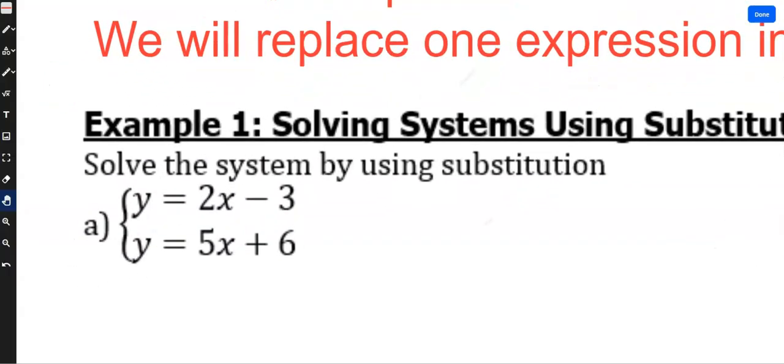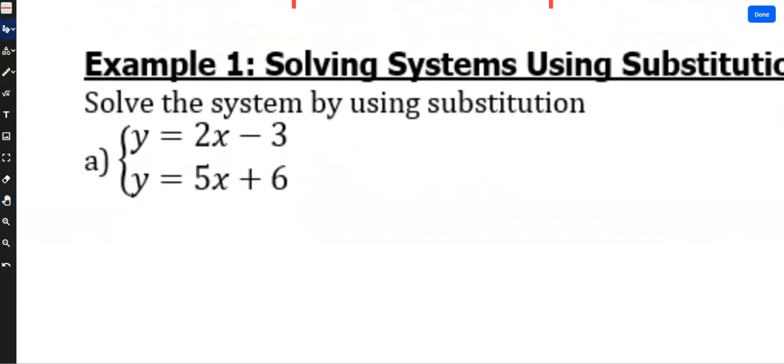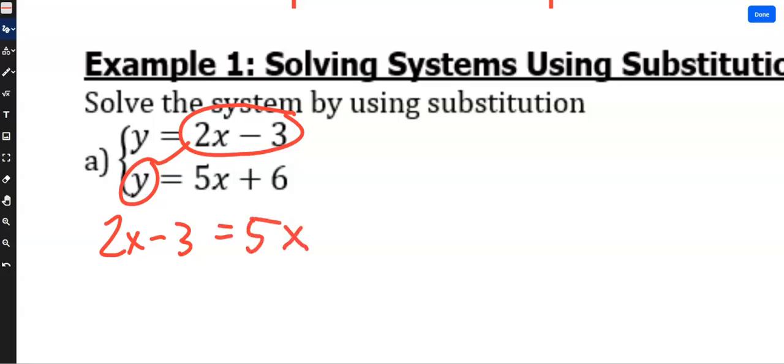Now, in this first example, you can see that I literally can take this and put it in here, creating 2x minus 3 equals 5x plus 6. Now, we're going back to our Algebra 1 skills, moving variables to one side, moving constants to the other.